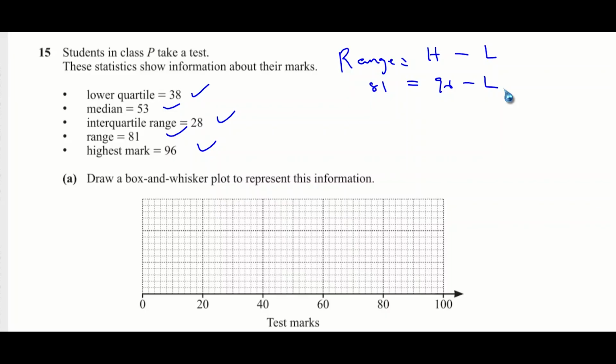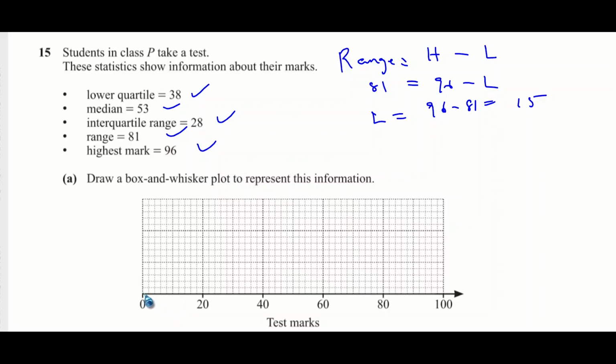The lowest will be equal to 96 minus 81, so that will be 15. That means the lowest is 15.